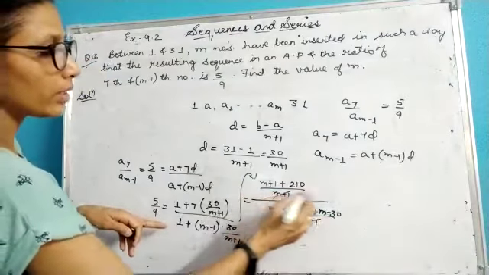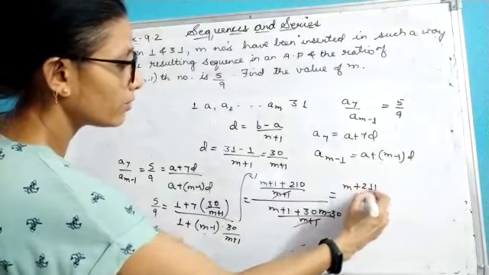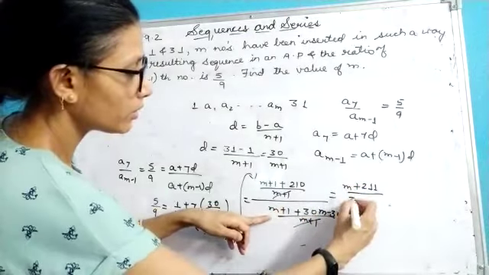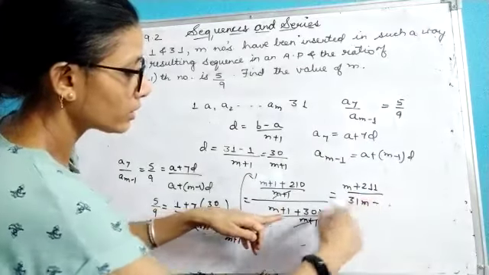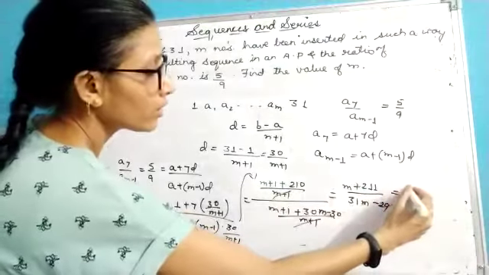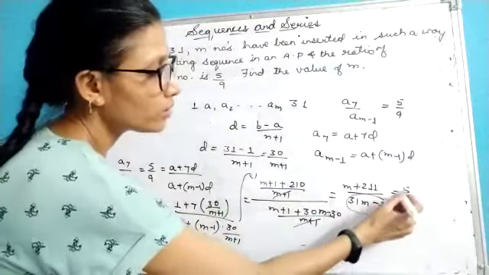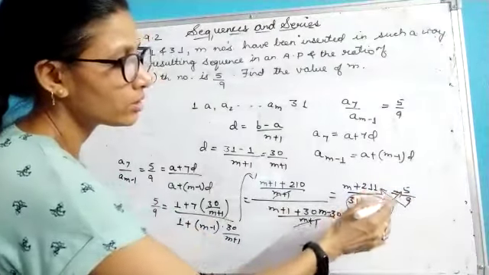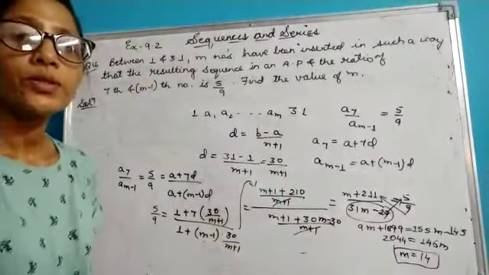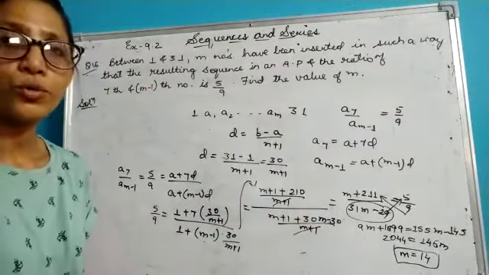The m plus 1 cancels, so I am getting (m plus 211) whole upon (m and 30m will be 31m, and this will be minus 29), which is equal to 5/9. So I will be multiplying 5, 9 crosswise, and I'll get the value of m. After simplification, I will be getting the value of m as 14.